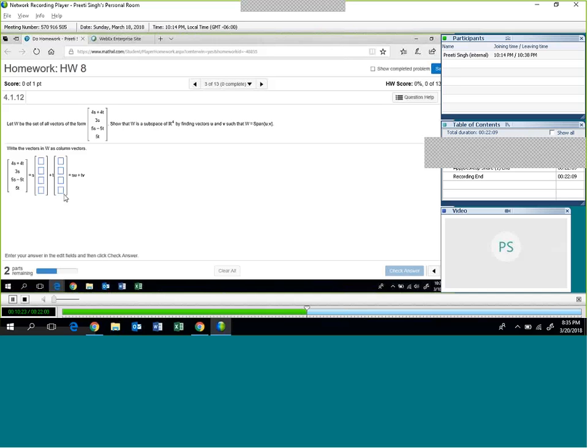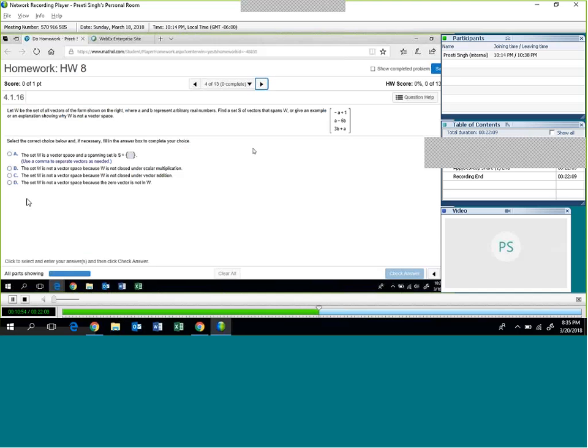This is a subspace of R to the fourth, and I can clearly find two vectors for which this set can be decomposed as s times the first one, like the parametric form that you have seen before. So s times the first vector and t times the second vector gives you this set, and s and t are any arbitrary constants. They could be 0, they could be 1, they could be -1, and so on.